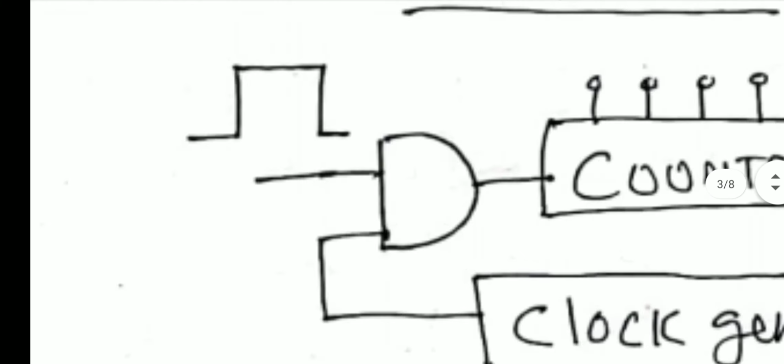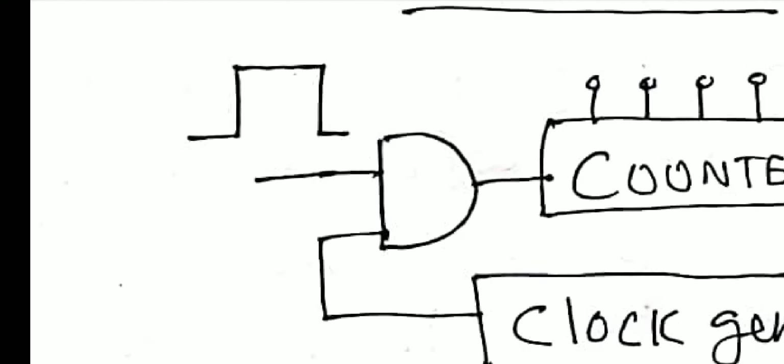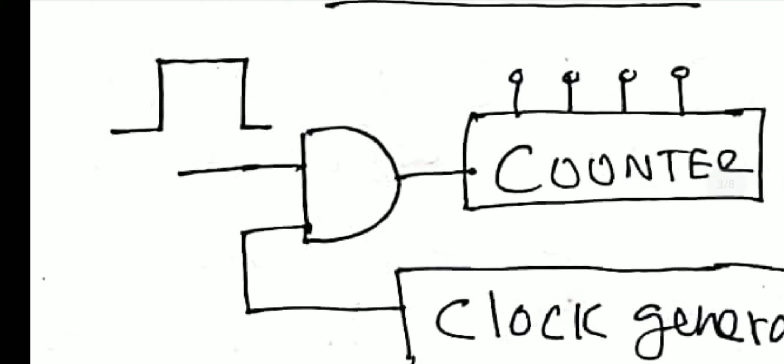Whenever the gating pulse is high, that is on, one input of the AND gate is high, so the other input will pass through the gate. The clock pulse is permitted to pass through the gate and is available at the output.